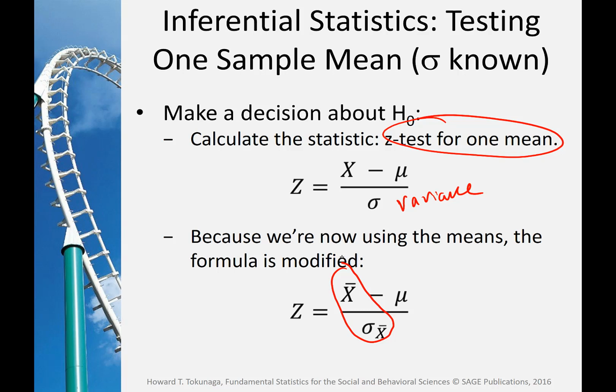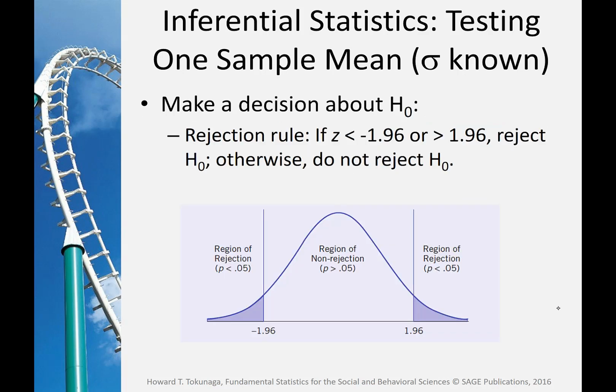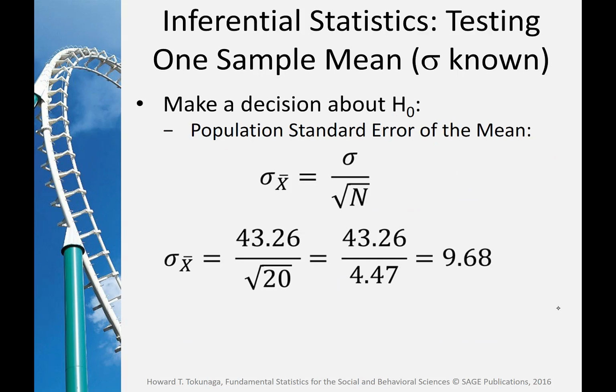So I have to take that into account. I do that by swapping out the variance for something called the standard error. What the standard error does is it takes the variance that we have and then it takes into account our sample size.